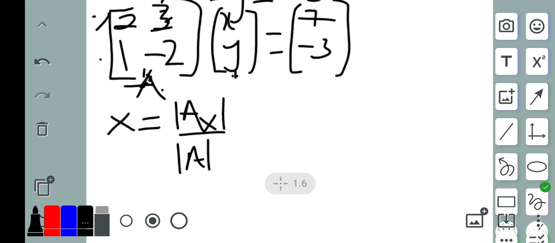So this is my A. What is my Ax and what is my Ay? Let me find Ax first.